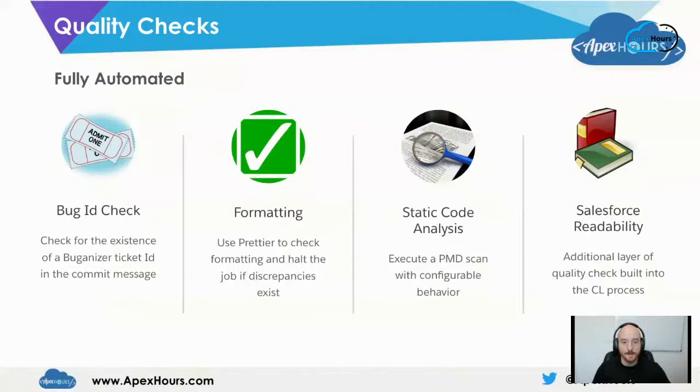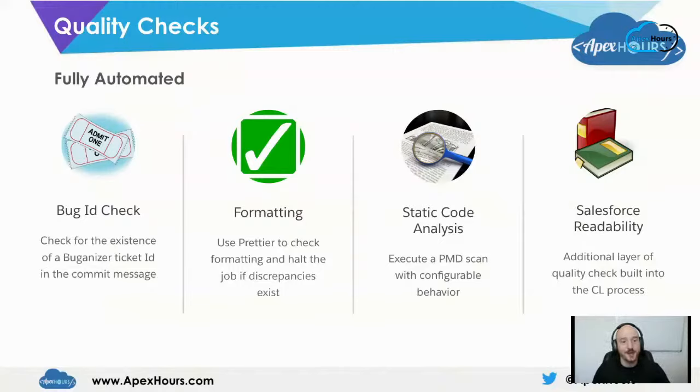So normally folks do that within Visual Studio Code. However, we do that as an automatic code quality check. So if you have PMD violations, those can force a halting or a failure of the pre-submit job.